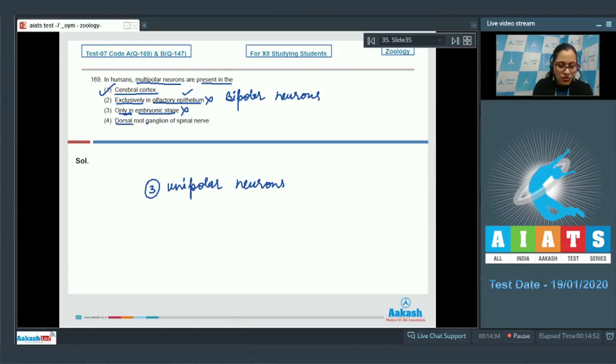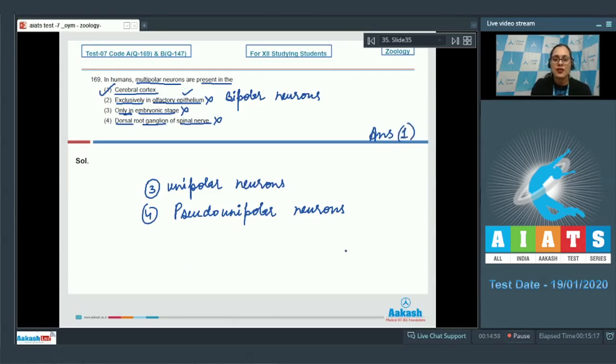And the last option is dorsal root ganglion of spinal nerve, and this is also an incorrect option because pseudo-unipolar neurons are found in dorsal root ganglion of spinal nerve. So the correct answer to this question is option number 1. Let's proceed to the next question.